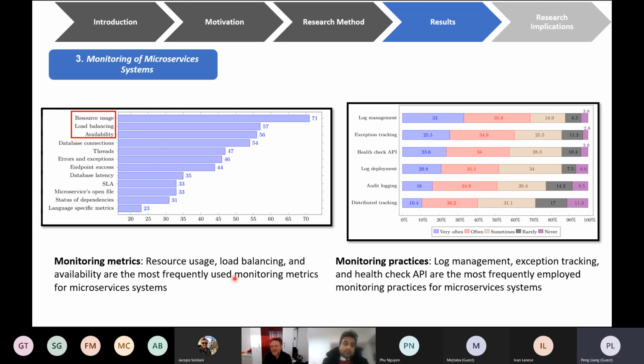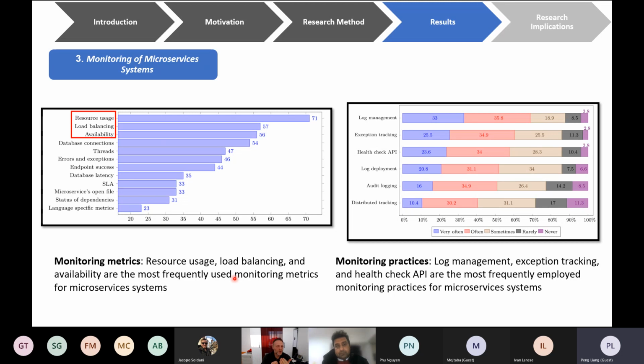But they also added some other hints. In particular, they say that these metrics are useful, for example, to provide a better customer experience or to monitor the availability state of the system from the end user perspective.